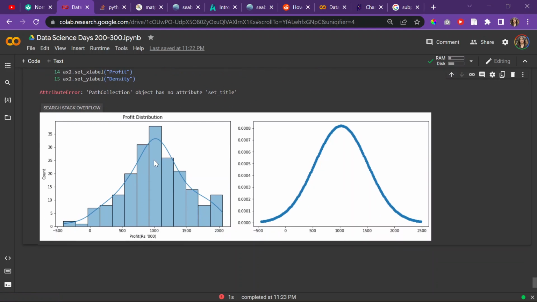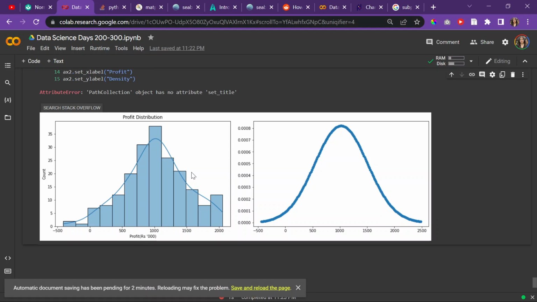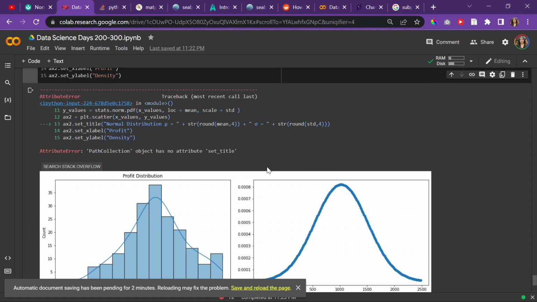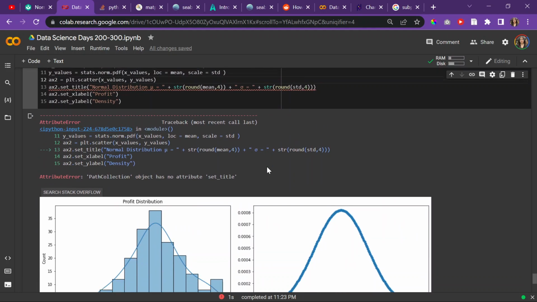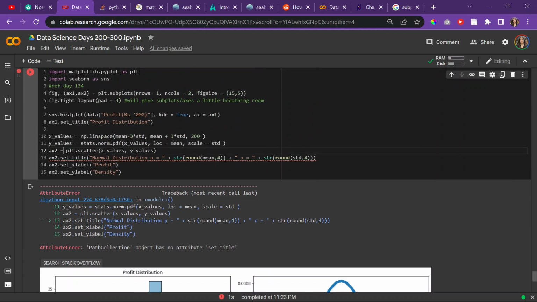Either way, it doesn't matter. I just wanted to compare the both of them. On the left, it's a histogram with KDE equal to true, but on the right, this is getting the PDF function, right? Which is the probability density function for all of these values. It's a normal distribution. What's the difference between those? That's what I wanted to see. And maybe I should stop here today and continue this tomorrow, because a girl is struggling.